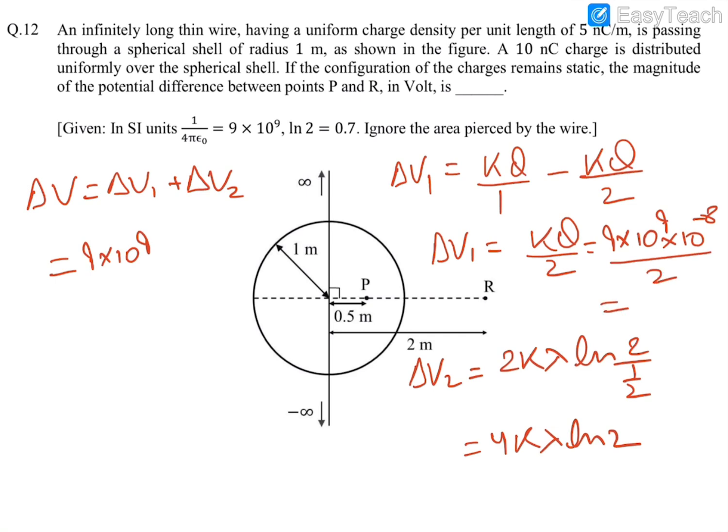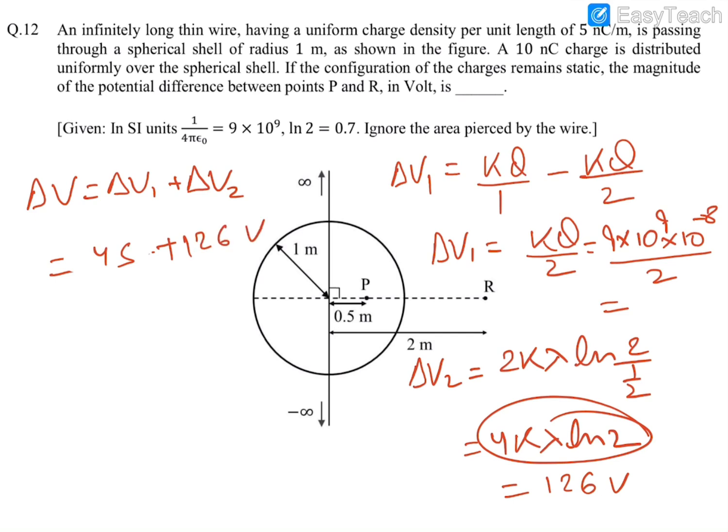So this is 45 volts, plus if you find out this value, then it would be 126 volts. So this 126 plus 45 will be equal to 171 volts. So the correct answer is 171. Now we move on to the next question.